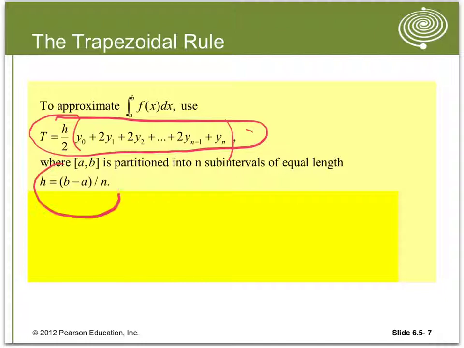Notice h, we'd probably say b minus a all over n, so that's your 2 endpoints. Notice the limits of integration from a to b, divided by n, the number of subintervals that we have. So if there's 5 subintervals or 6 subintervals, that's how many trapezoids you want to put into that graph.